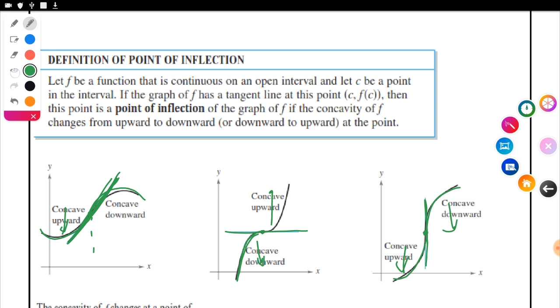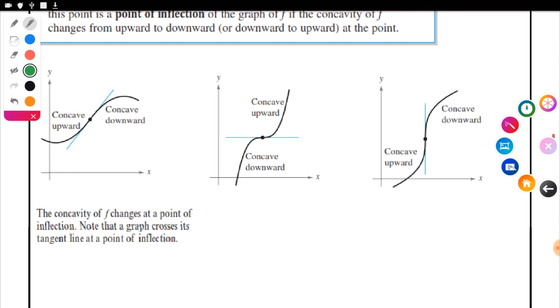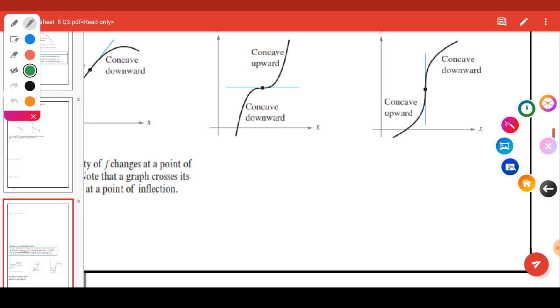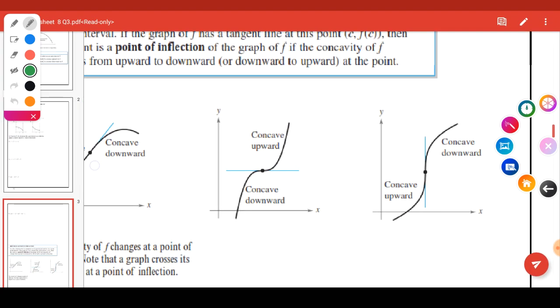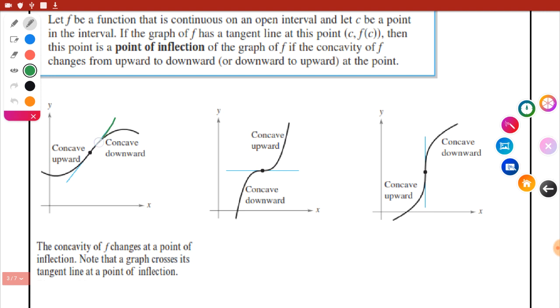We note that the concavity of f changes at the point of inflection, and also the graph crosses its tangent line. As you see here, the graph crosses its tangent line. Look, it crosses here, and here. The graph crosses it, as you see. Okay?